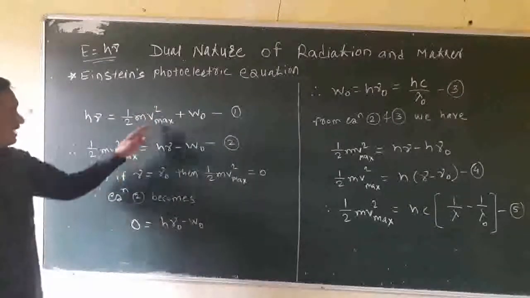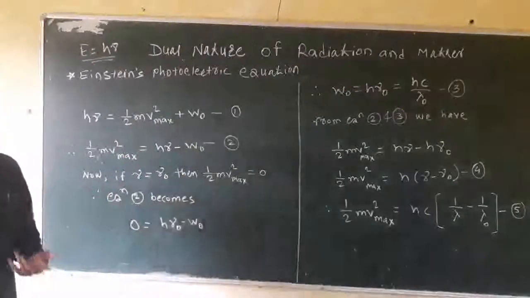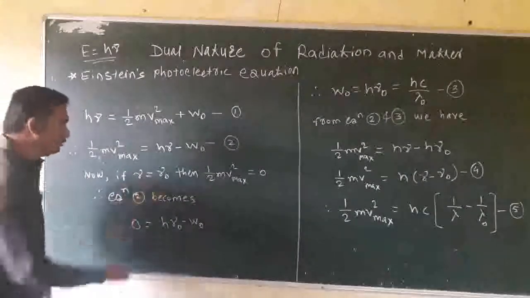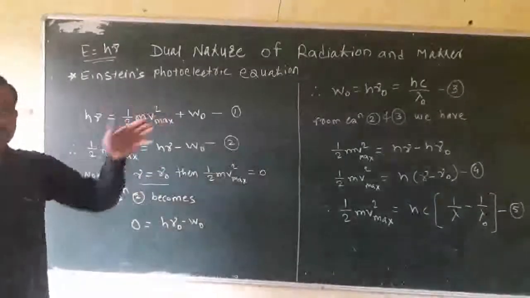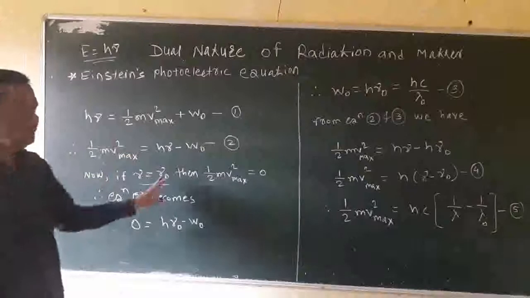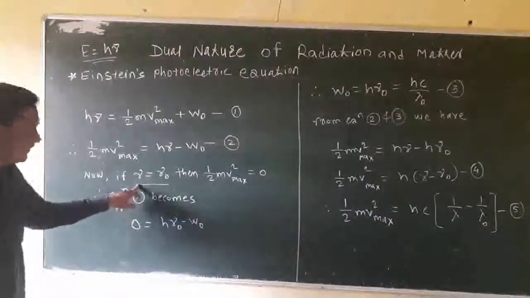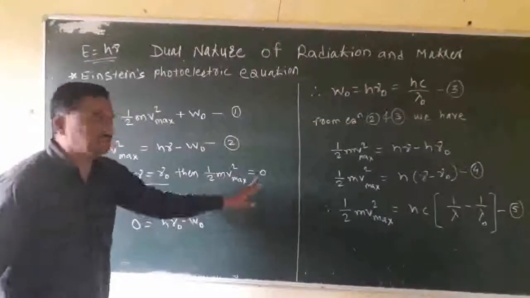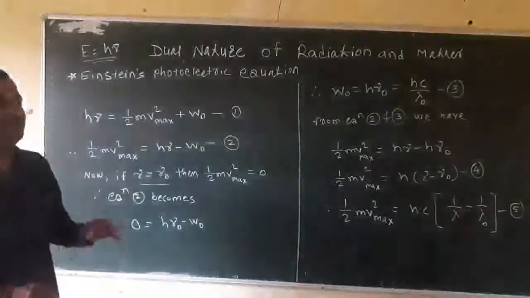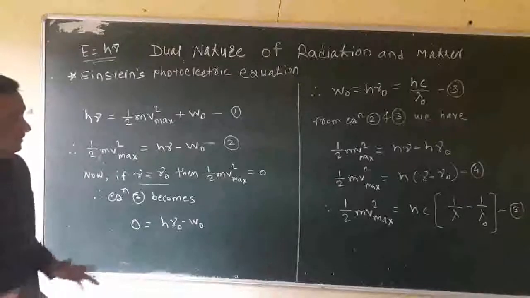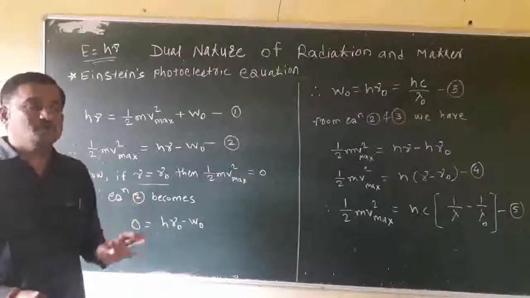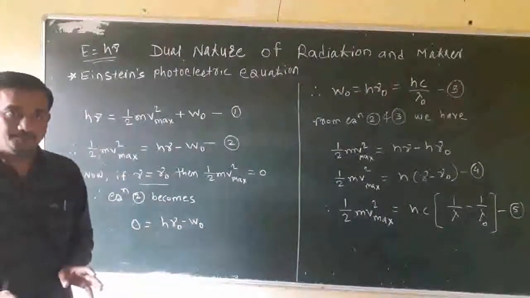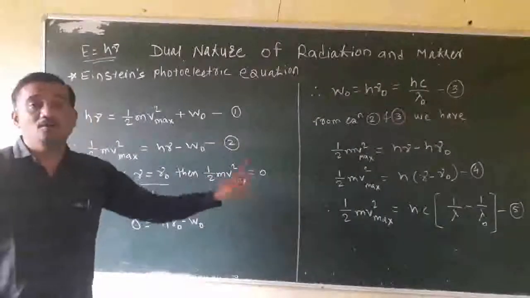Now we have to take a condition into consideration: if nu equals nu 0, that is, if the frequency of incident radiation is equal to the threshold frequency, then 1/2 m v square max equals 0. This means the electron is ejected with zero kinetic energy.